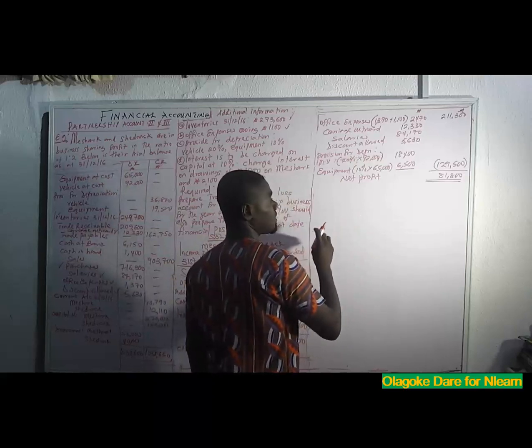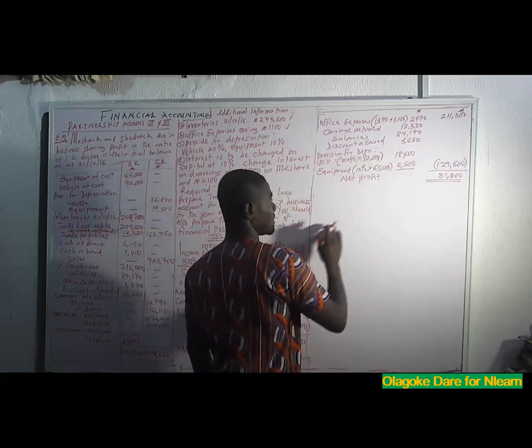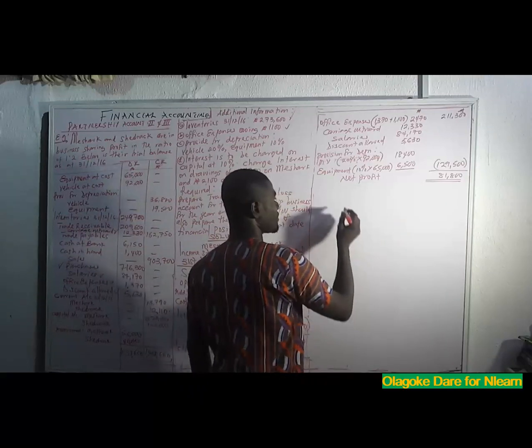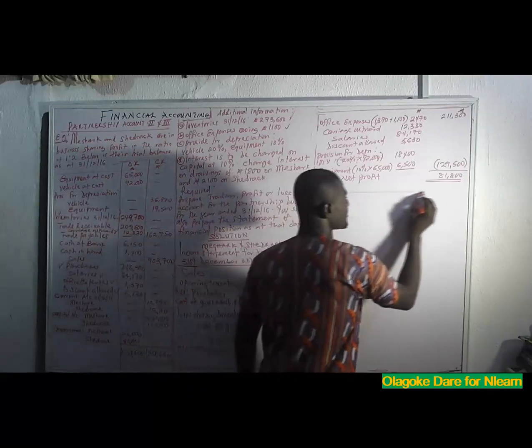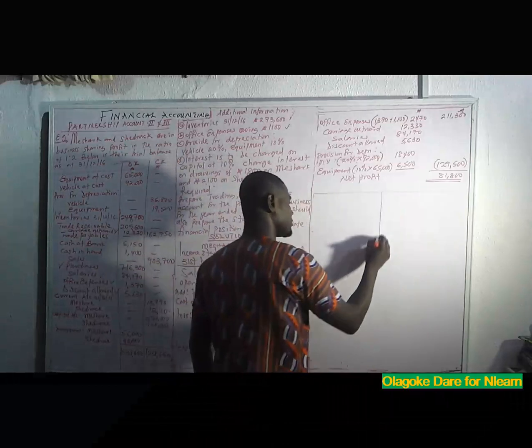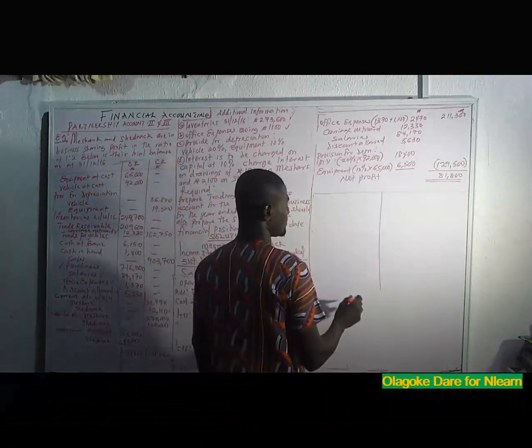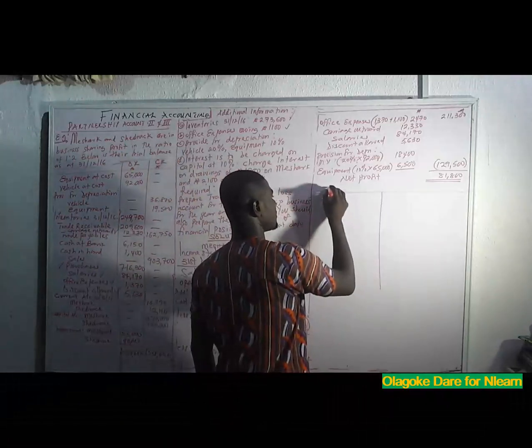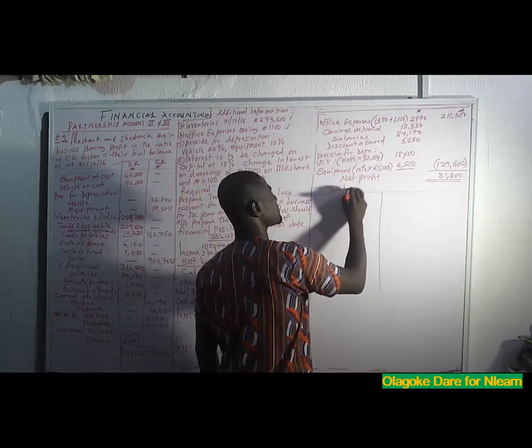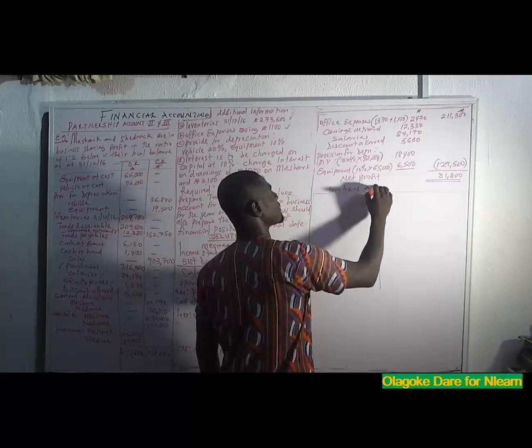Here, we've gotten our net profit. Since I've been using T formats, let me use the T format for you. Partners' appropriation account.